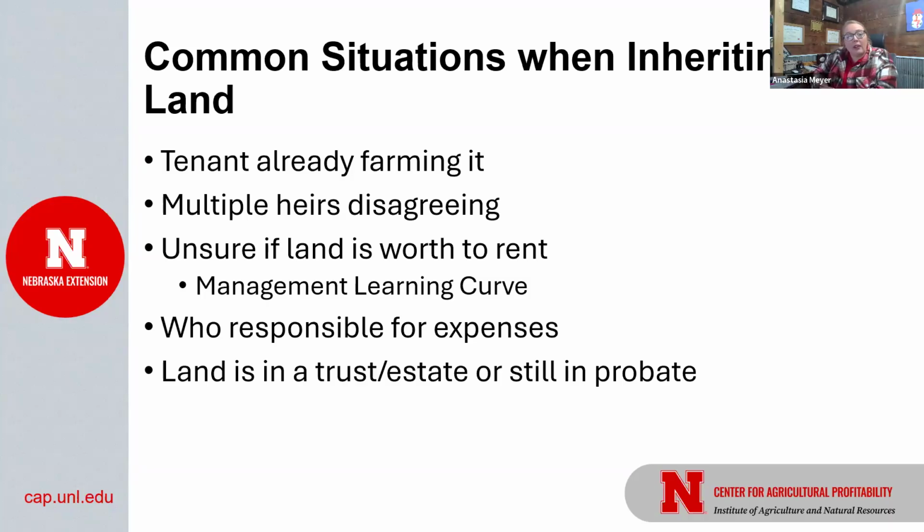Because whatever that written lease says, you either need to follow it or adjust it for the next year. We also see that when land is passed down, it's often passed down to multiple heirs, and not every time do those heirs agree on things, whether it is the rental rate, the management style, who is farming it, or whether they want to sell it.